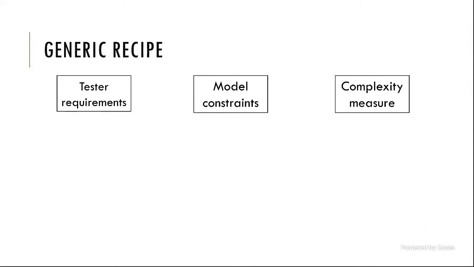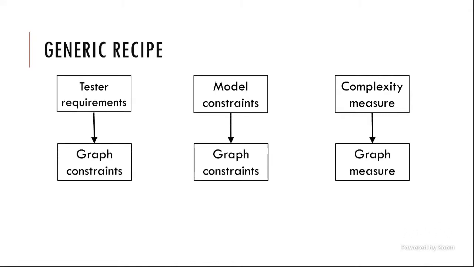So this is the generic recipe. We have the tester requirements and we have the constraints by the model. We also have a complexity measure, which might vary from model to model. And we basically want to translate all of this to graph notation, to some constraints, or maybe the value that we want to optimize, the measure, on the comparison graph.